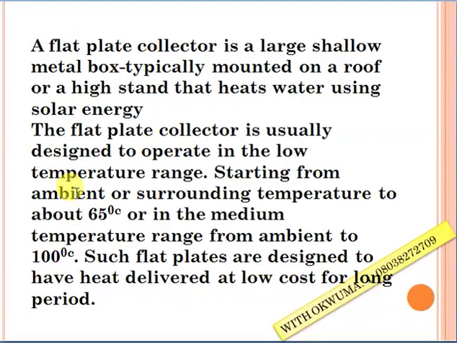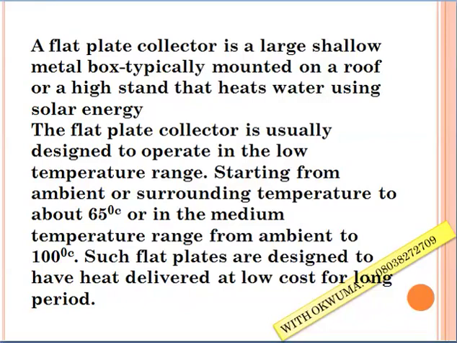It can collect the sun's heat up to 65 degrees Celsius or even up to 100 degrees Celsius. Such flat plates are designed to deliver heat at low cost for a long period.